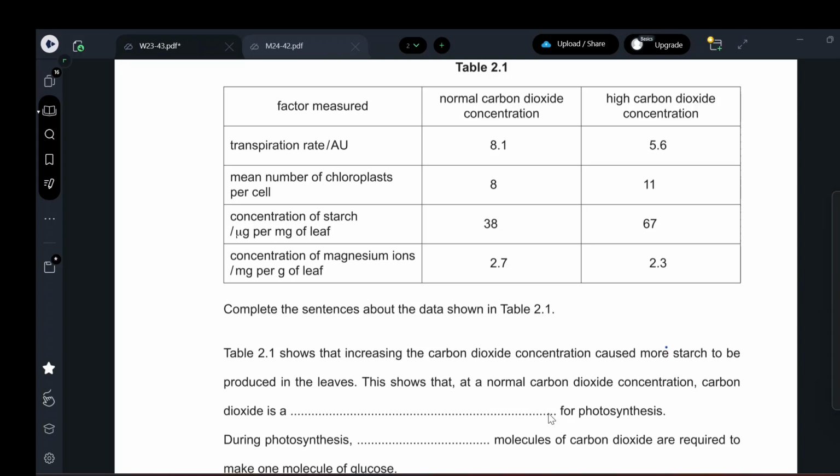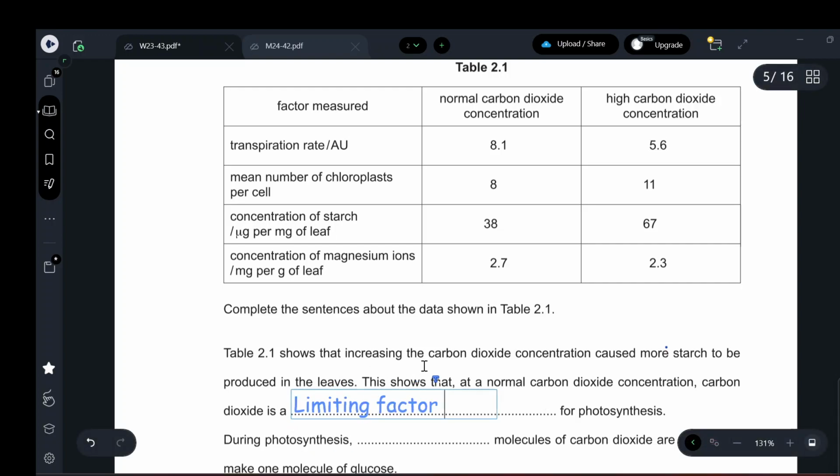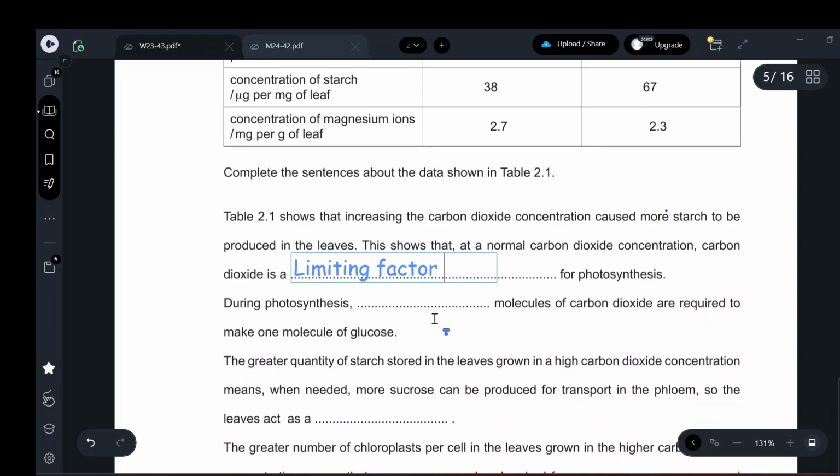So, if you have normal carbon dioxide concentration, which is low, then carbon dioxide is a what for photosynthesis? So we will say it's a limiting factor since it controls the rate of photosynthesis. During photosynthesis, molecules of carbon dioxide are required to make one molecule of glucose.